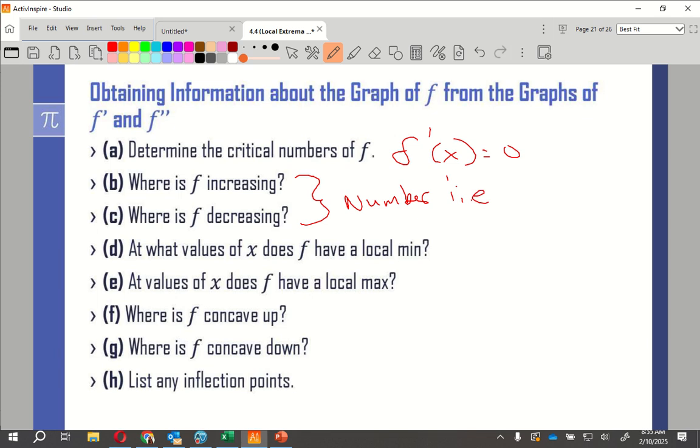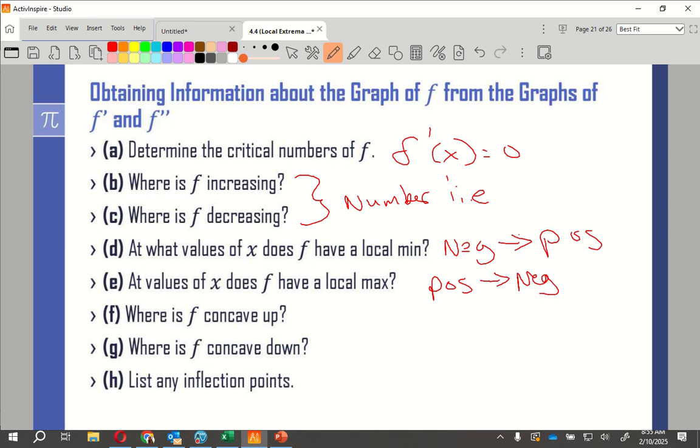What values of x does it have a local minimum? Okay, for it to be a minimum, it's going from negative to positive, right? What values does it have a maximum? Maximum would be from a positive to a negative.